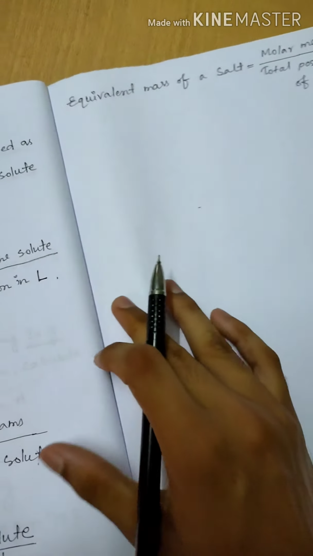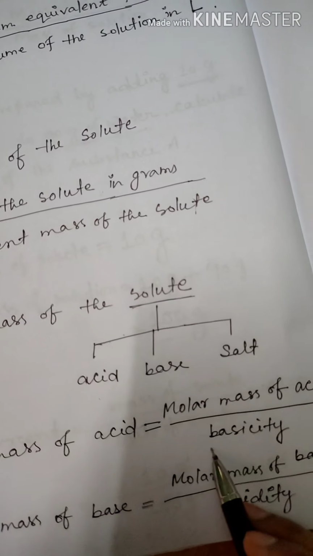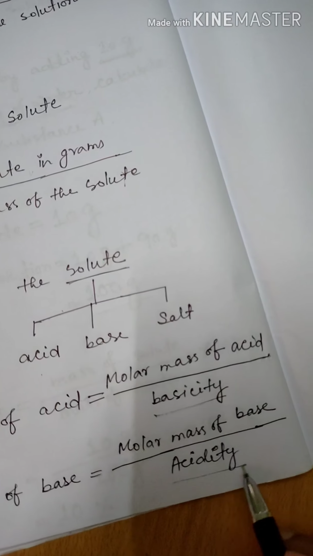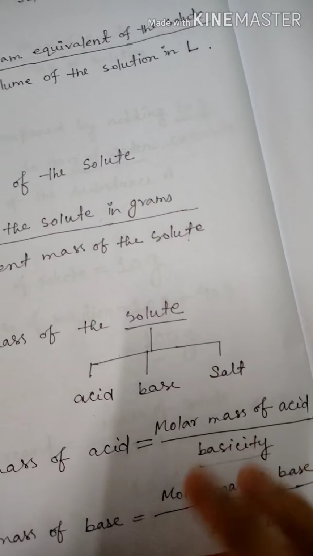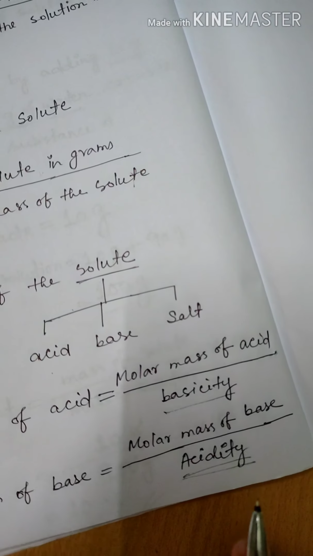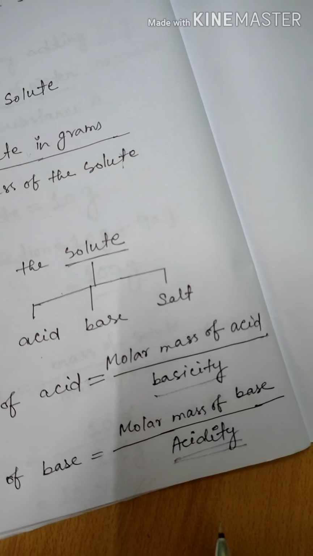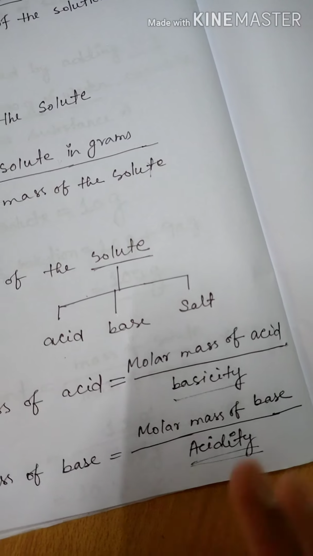Before that you have to know what basicity and acidity are. Basicity means the number of displaceable H positive ions, and acidity is the number of displaceable OH ions.